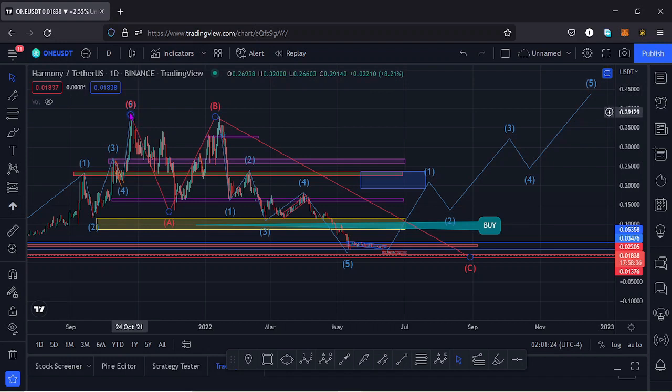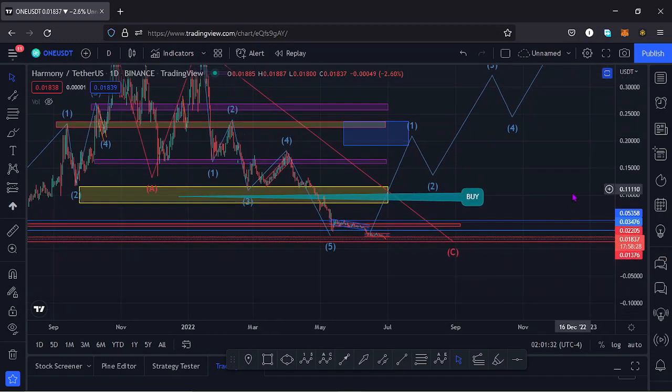So from the all-time high, Harmony One has been seeing lower prices in this massive ABC correction, and the ABC correction has now taken us to around the $0.018 mark. We have continued seeing lower prices on the Harmony One chart, and I believe Harmony One has done whatever it needed to do in its ABC correction, having gone even below the target areas that I had on the chart for the ABC correction.